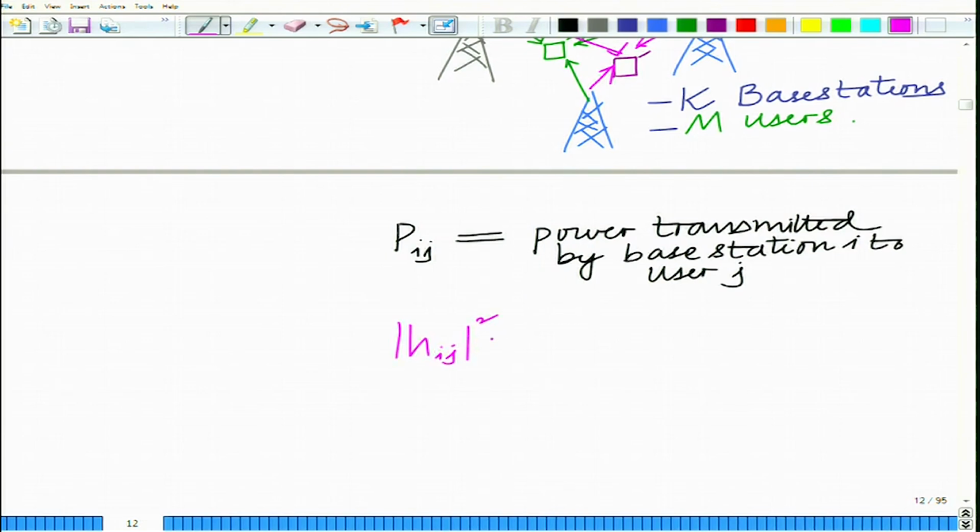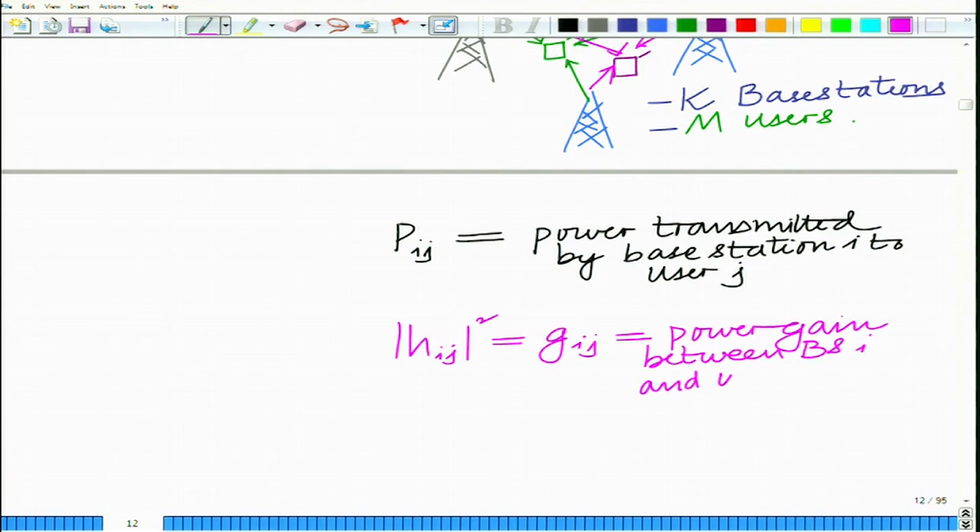So magnitude Hij squared equals Gij, which represents the power gain between base station i and user j.